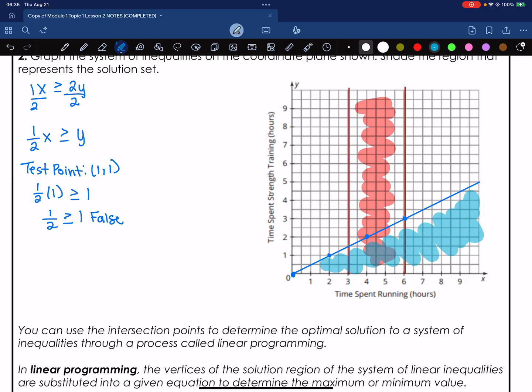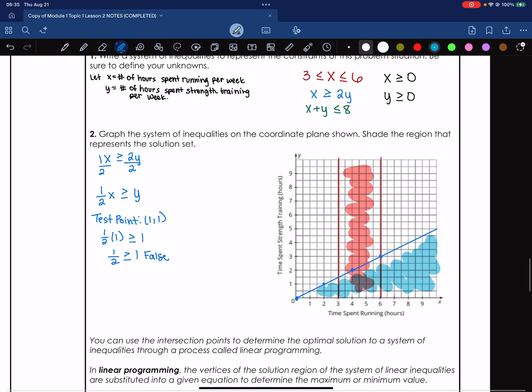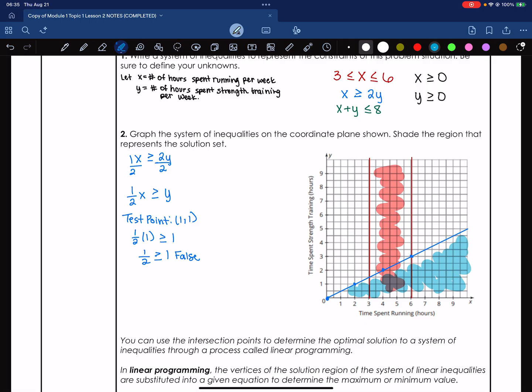Again, you're not shading because I'm going to end up erasing. What we're looking for is where do all of these overlap. Okay. The next one is x plus y is less than or equal to 8. So we need to find our intercepts. So to find our x-intercept for that, okay, we plug in 0 for y.